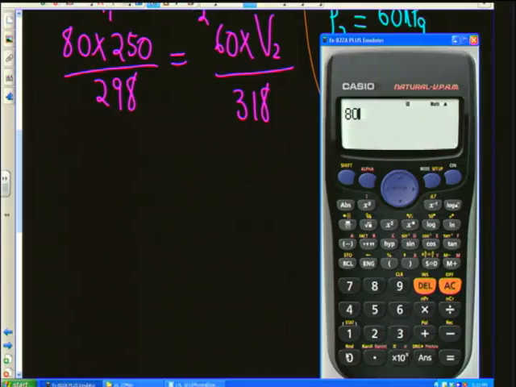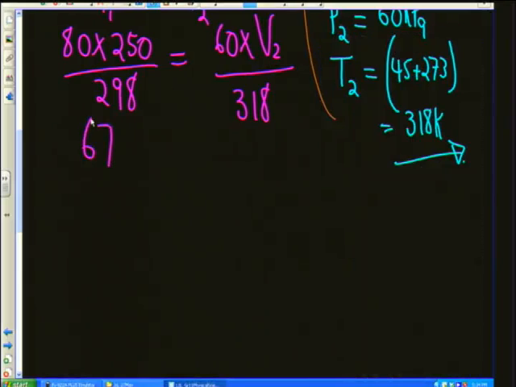80 times 250 divided by 298. What do we get? The answer is 67.11. Equals.